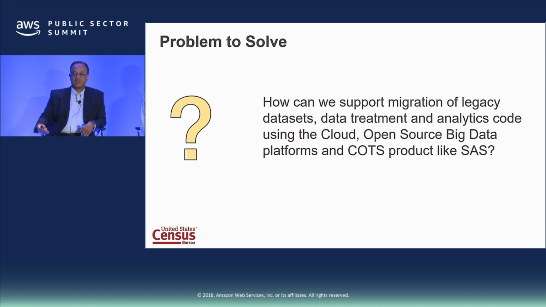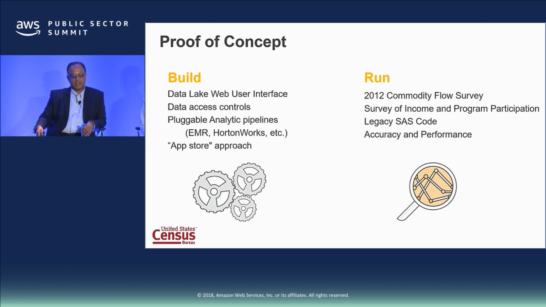We want to use other open source big data platforms. We want to use existing COTS products. Why is that? Because that gives us an easy mode of transition from where we are today to the new side. You cannot have a switch and tell the business, just start using the new tools. They're going to say, where's my old data? Where's my old code? I need to get access to that. And so we have to provide a transition mechanism for that.